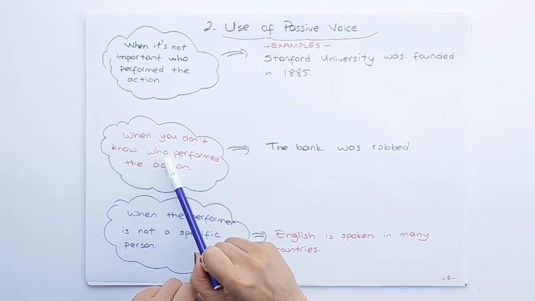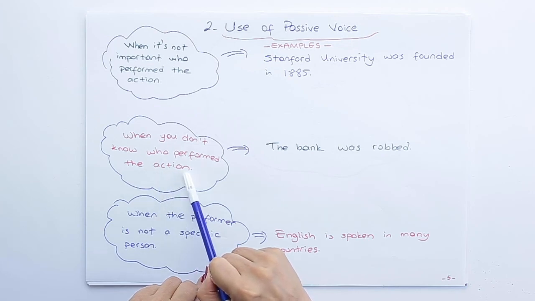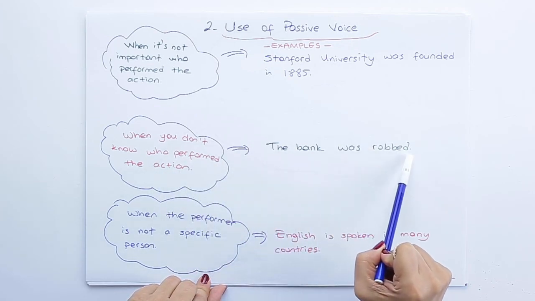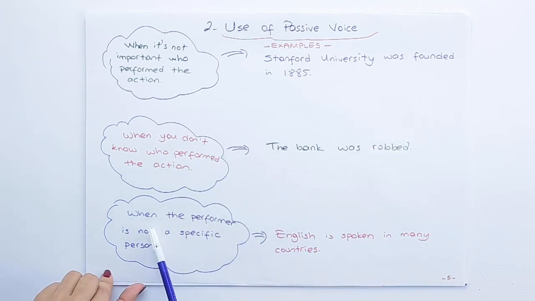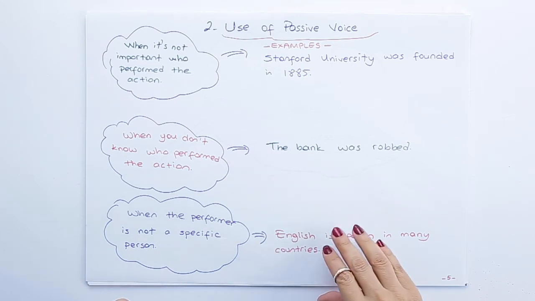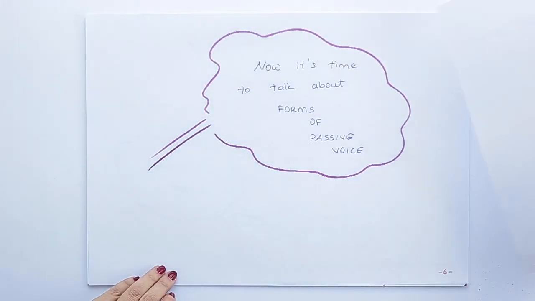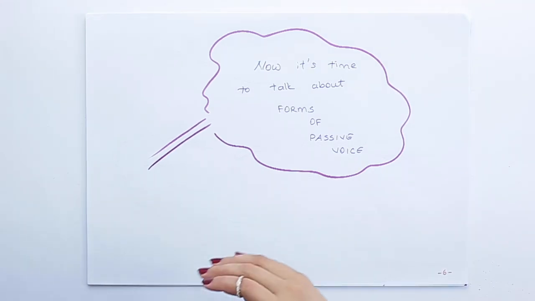When you don't know who performed the action, the bank was robbed. When the performer is not a specific person, English is spoken in many countries. Now it's time to talk about forms of passive voice.